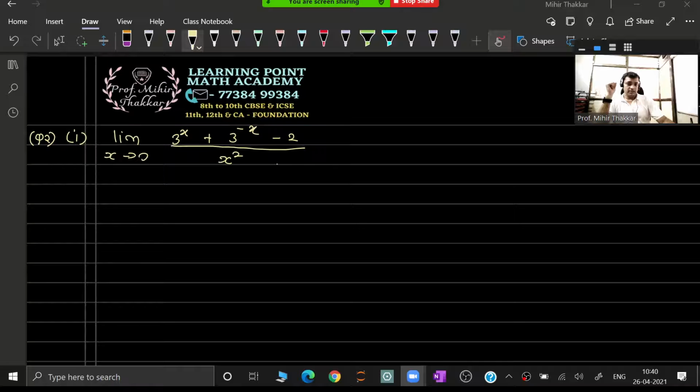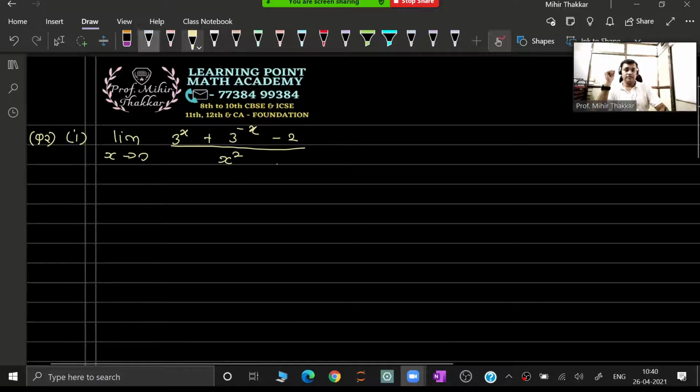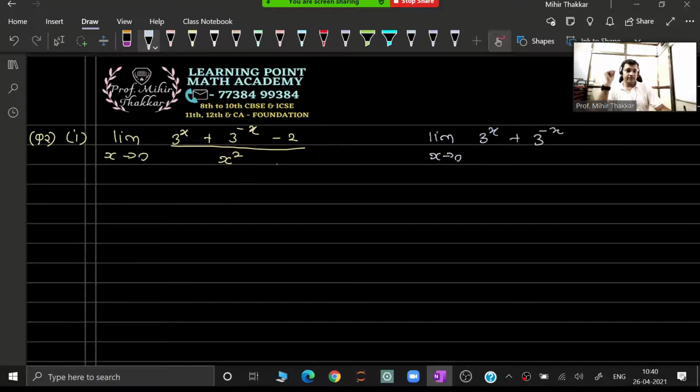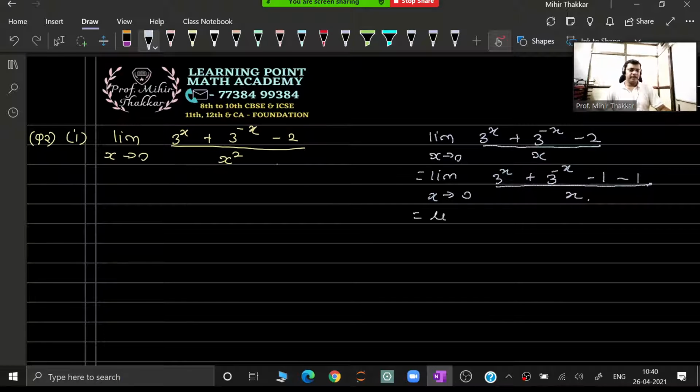Now guys, if the question had been like this, limit as x tends to 0 of 3 raised to x plus 3 raised to negative x minus 2 and then divided by x, I would have very easily and conveniently told you that I will just break it into two parts like this: 3 raised to x minus 1 plus 3 raised to minus x minus 1, and separate this x for both the terms.